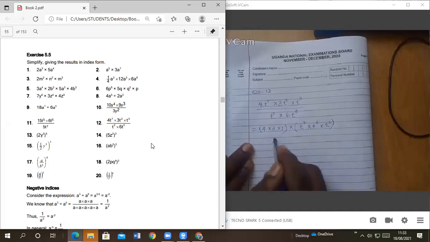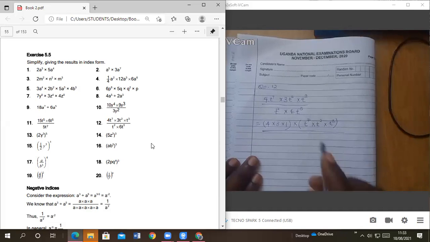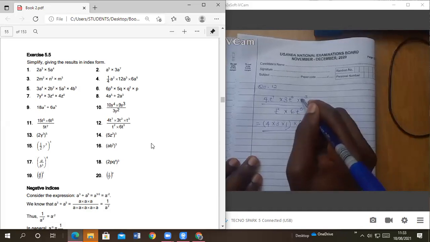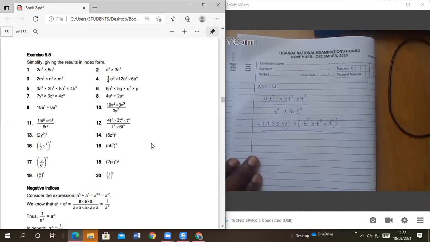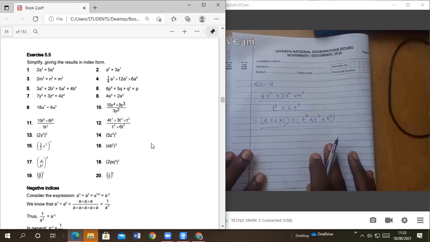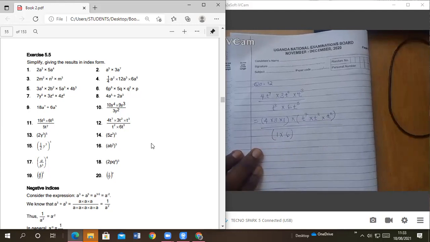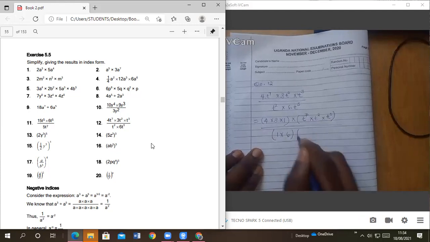Teacher, where does the silent one come from? There's a silent one here, and here there's also a silent one, which means I'll have 1. Is it a must to put it there?